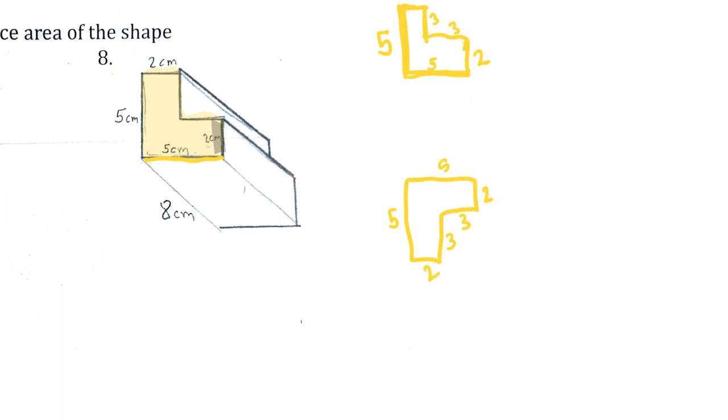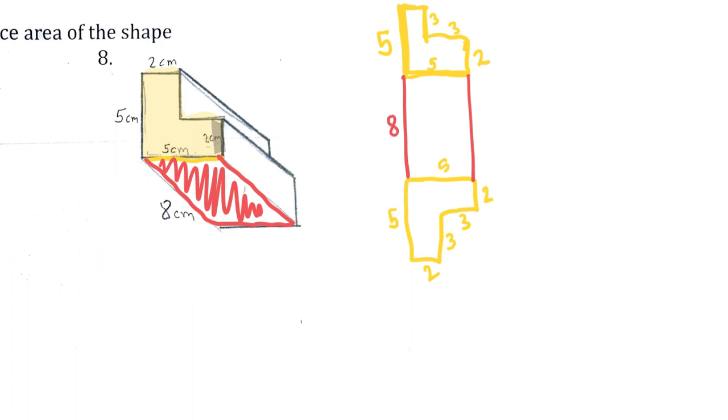Now, we have the base or the shape that goes in between them. So we've got this shape right here. That height is 8 and our base is 5. Then we have this shape right here. We know that that length is 2 and this is 8 again. Then there's a shape on here we can't see.